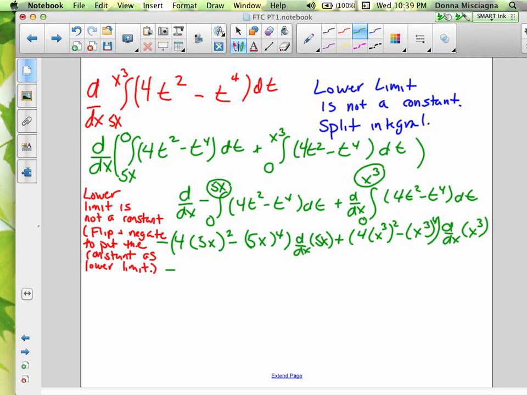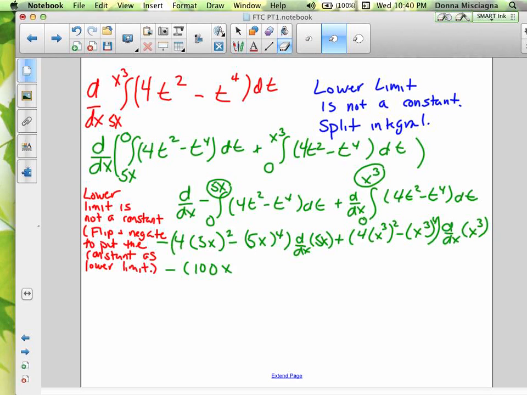I'm going to leave that negative out there, because the whole thing's the opposite. So (5x) squared is going to be 25x squared times 4. That would be 100x to the fourth. Wait, excuse me.